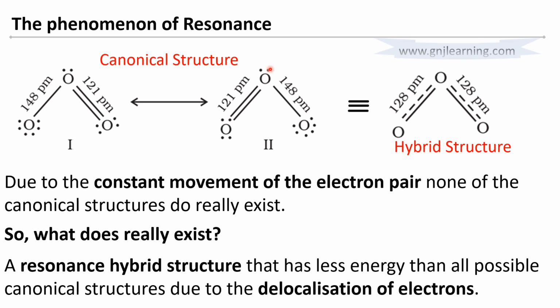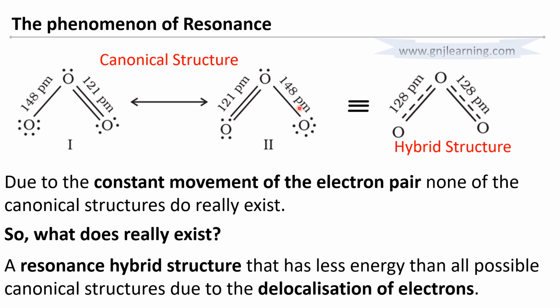Clear? So when trying to acquire possible Lewis structures, what happens? This double bond and single bond will keep on changing, and we will get a hybrid structure. Clear? So since this electron is moving, what happens? Single bond will change into double bond, will change to single bond, and this process is very quick and will happen always.